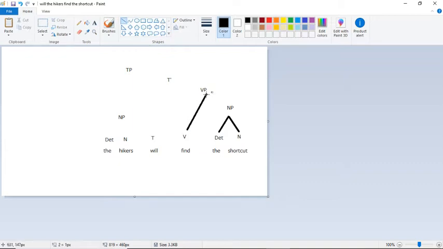The verb and the noun phrase, and the T comes up to the T-bar, and the T-bar attaches to the TP. This little thing here. All right, and here the determiner connects the noun phrase with the noun, and this will connect up to here. Okay, so now we have the tree structure for our statement.